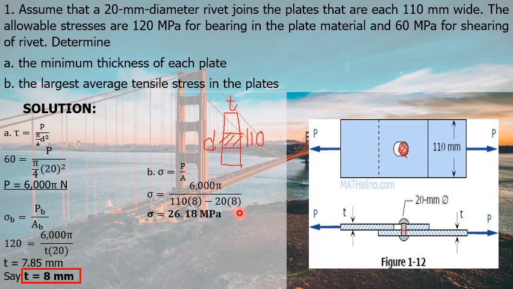We get 26.18 megapascals. The first scenario I've mentioned is, what if the area is just T times 110?